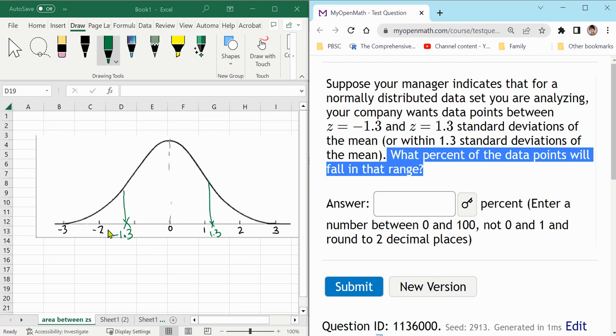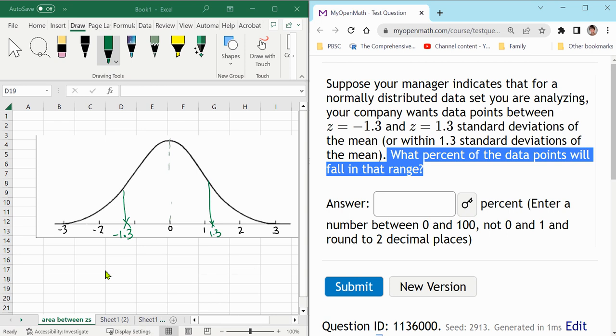I could just find this left area to the left of -1.3 by looking it up in the negative z-score table. And then I would know that the same area would be in the right tail since the bell curve is symmetric and these values are the same distance from 0. And then if I subtracted the total of those two tails from 1, I would end up with the middle. So that's one approach.